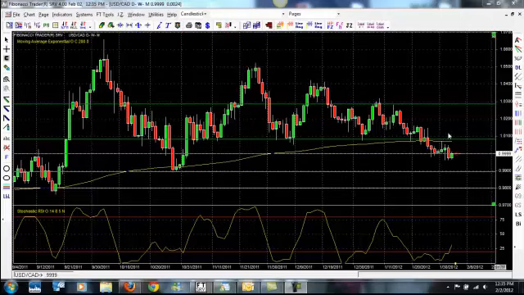I've talked to you about this on webinars in the past, that 80% of the time a currency pair will travel in a range. It will bounce in a range. And it's been doing so for the last 3 months.